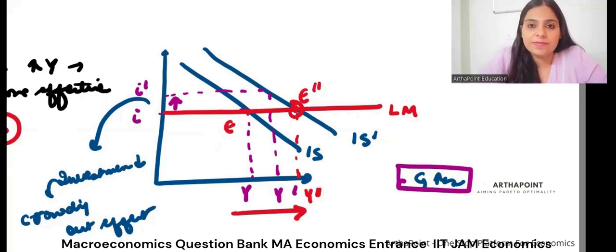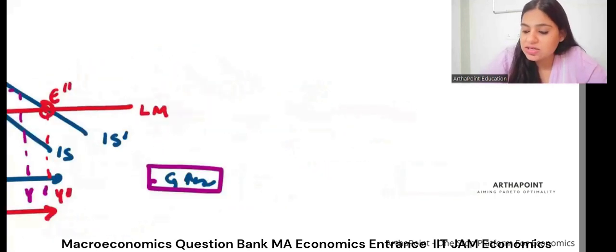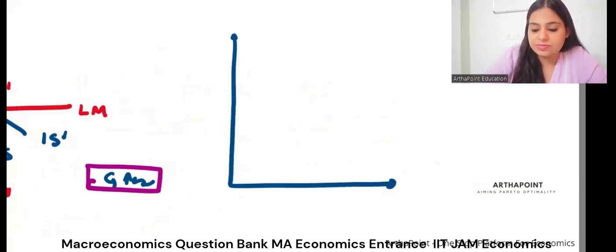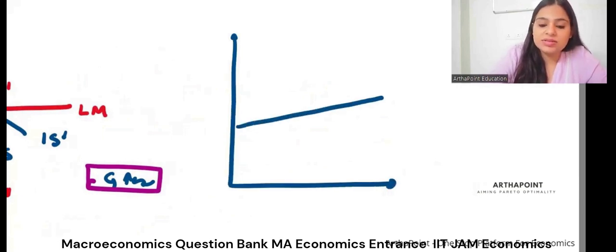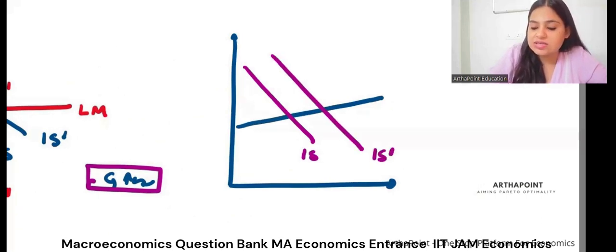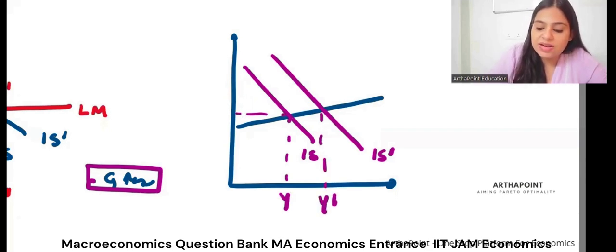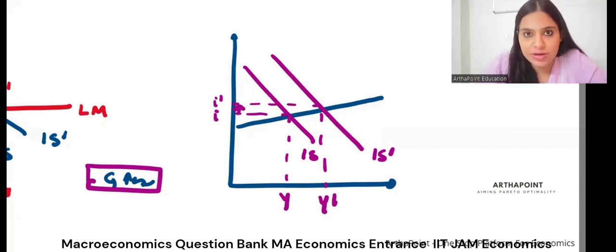So what can I say? I can say that as long as my LM is flatter, then the same increase in IS will cause more increase in output because there will be less change in the interest rate, so less crowding out effect.